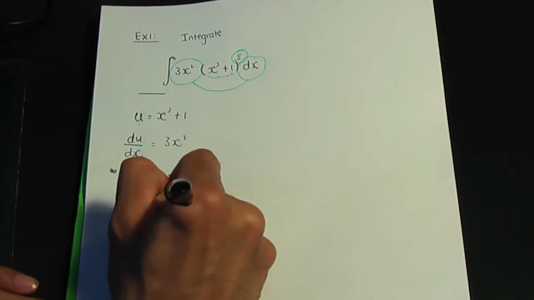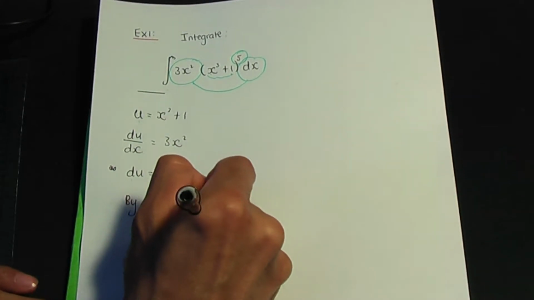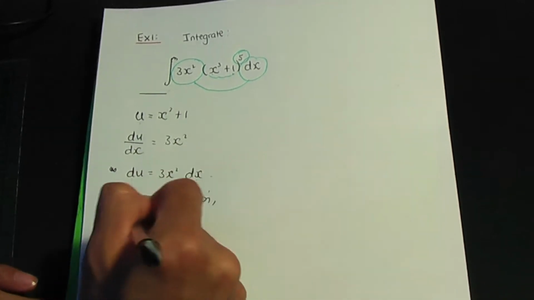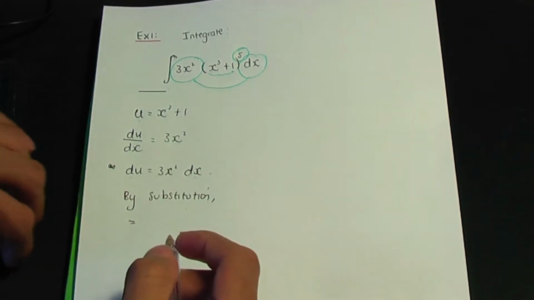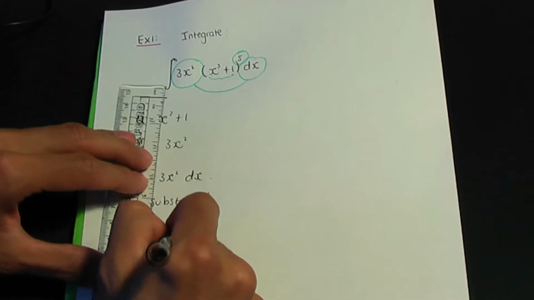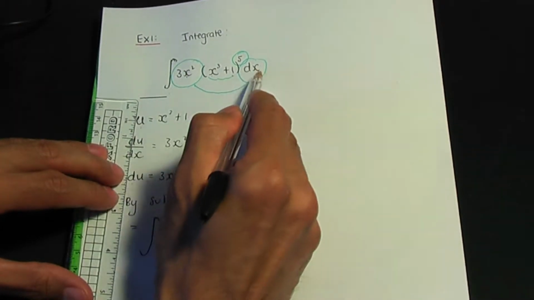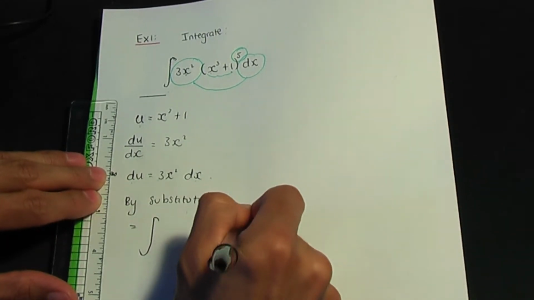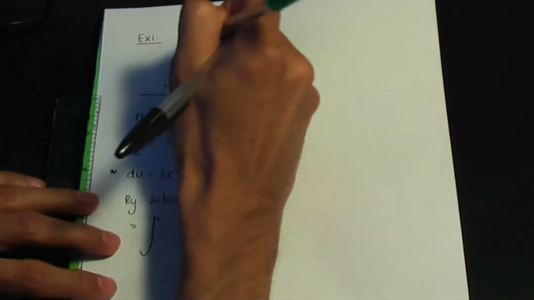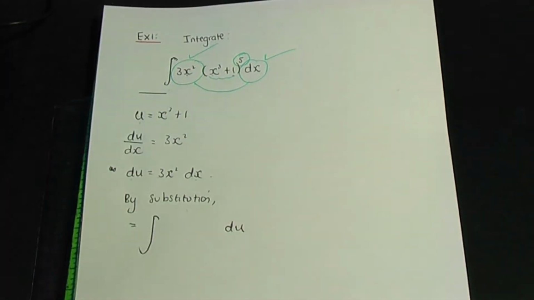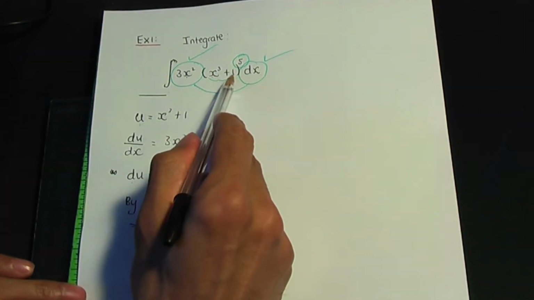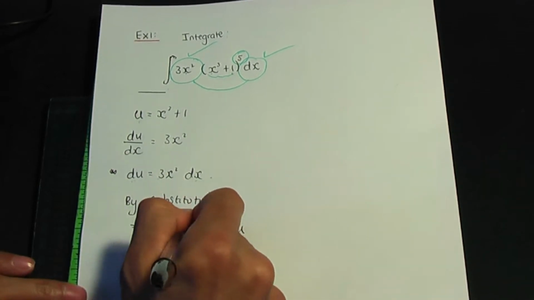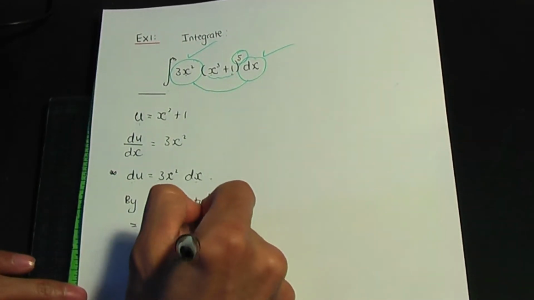So by substitution, so let's rewrite this integral. So in this case, 3x squared dx, as we discussed, is replaced by du. So let's check those terms. So we replace those terms. And x cubed plus 1 is replaced by u to the power 5.